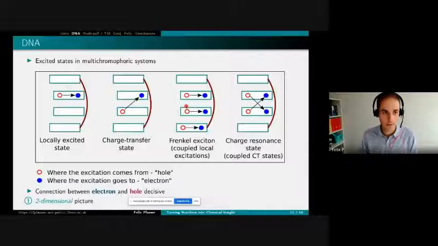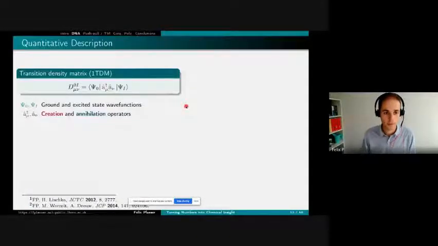All right, so we want a 2-dimensional analysis, and we think about what quantity we could look at. Here what I'm promoting is the transition density matrix as a basis. The idea is that we have the ground state on this side, the excited state on that side, and we connect them with annihilation and creation operators.